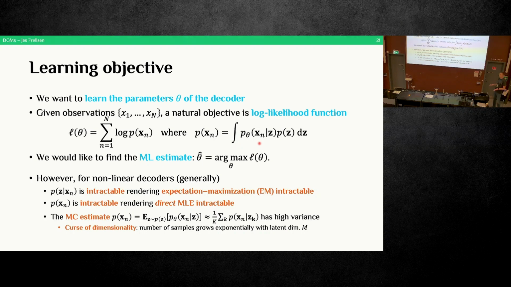If you have a latent variable model, then hopefully the first thing that should come to your mind, if you cannot calculate the integral in closed form, is that we can do expectation maximization. So use the EM algorithm. But in this case, we cannot use the EM algorithm, because for the same reason that p of x is intractable, p of z given x, the probability of the latent variable given the data, is also intractable.